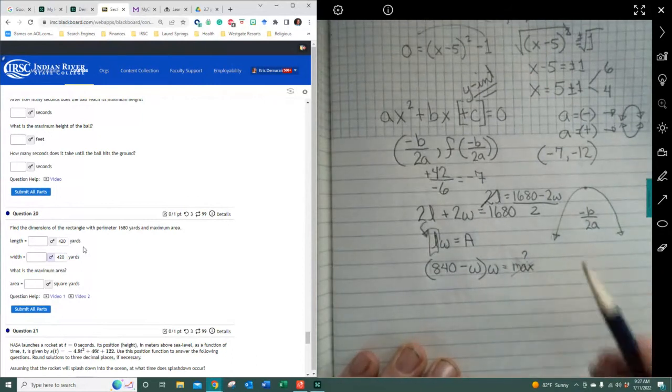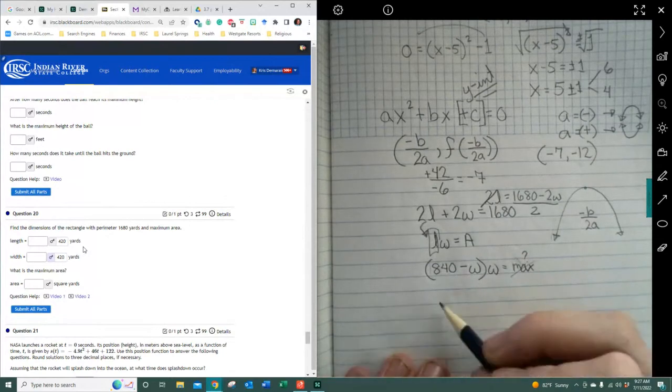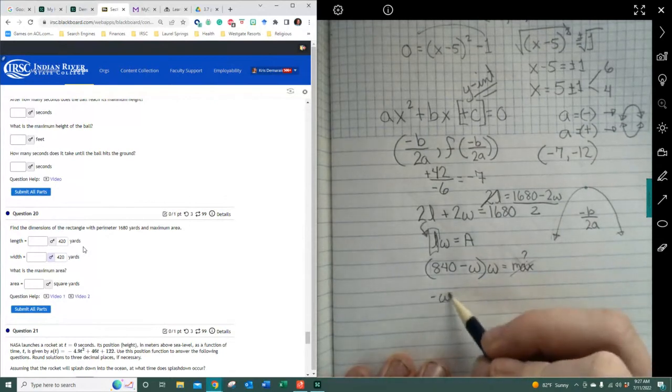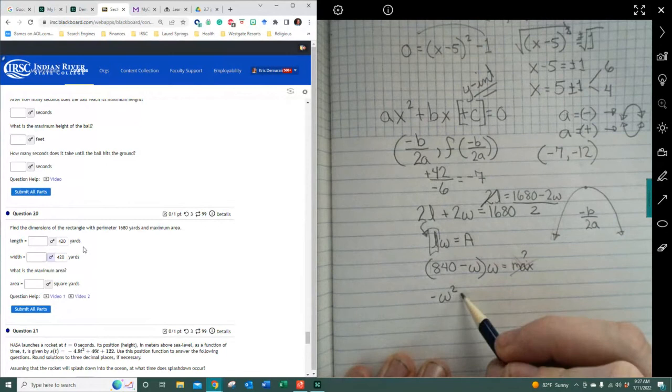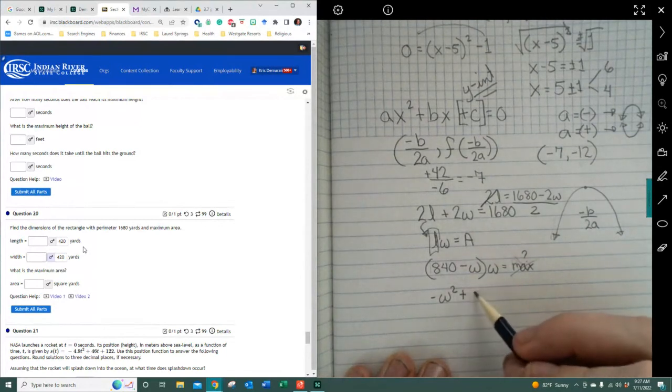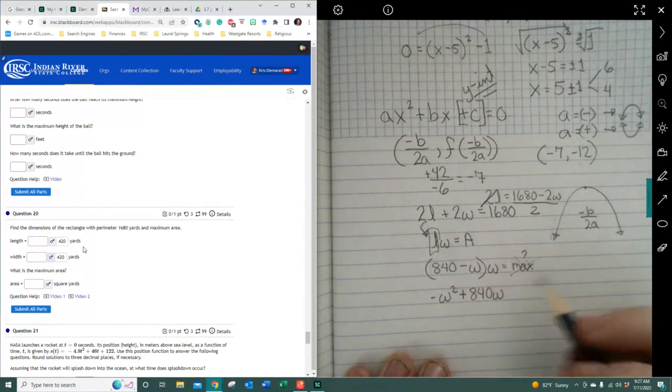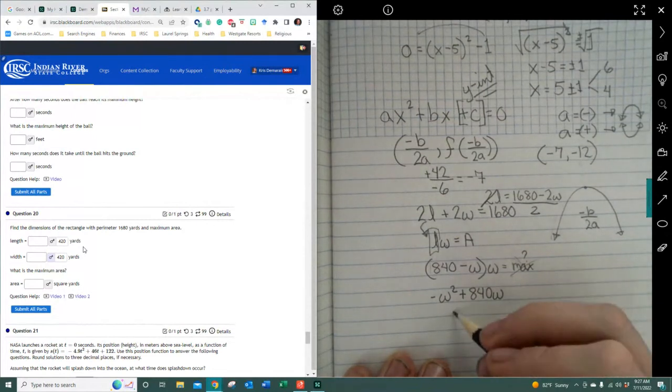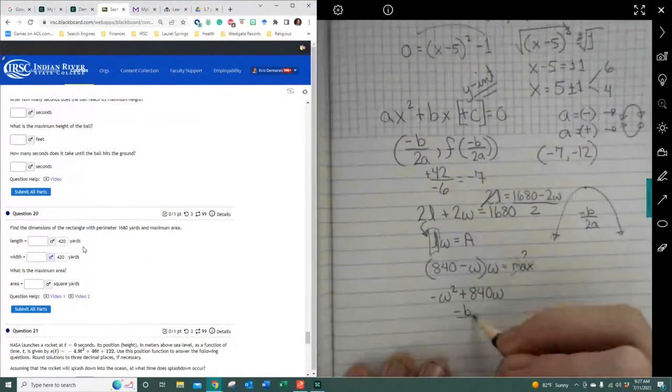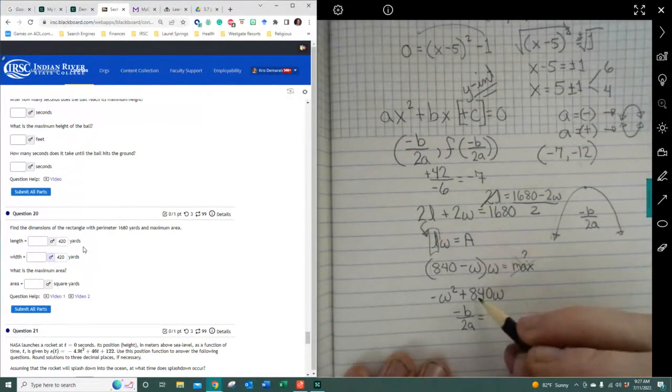So people start being threatened by this. Who cares? So negative W squared plus 840 W. What we do is we take our formula now, negative b over 2a. We take the opposite of 840.